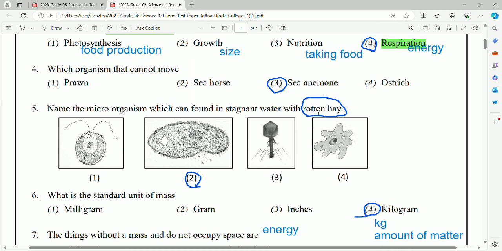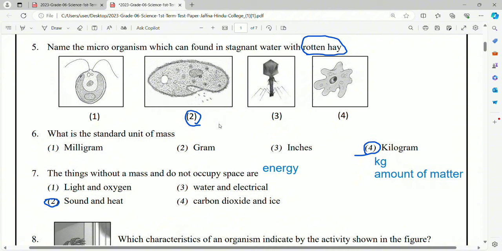We get samples from rotten hay water to observe paramecium. The second answer is paramecium. The first answer is Chlamydomonas, the third is virus, the fourth is amoeba. Paramecium is obtained from rotten hay water.